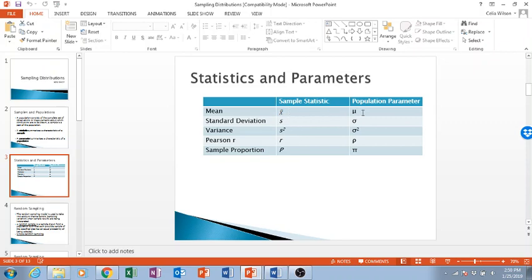But if it's the average of the population or the mean of the population, we switch to another symbol, and that's our mu symbol. Standard deviation changes, whether it's a statistic or a parameter. Variance changes. Pearson R, proportion changes, depending on if we're talking about the sample statistic or the population parameter.